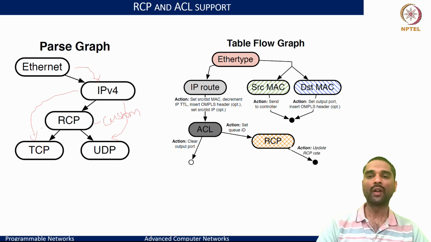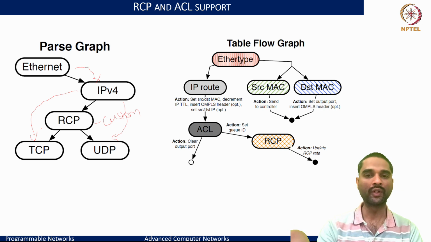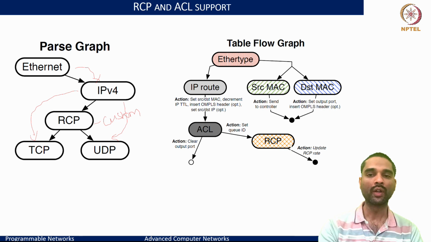graph. And for the corresponding parse graph, we could have the table flow graph which says if the packet were the Ethernet type with the IPv4 match, we would take the action set as setting the source destination MAC, decrementing the TTL, or inserting the MPLS headers, and likewise.